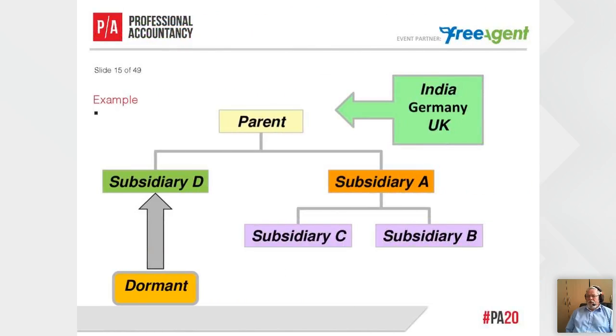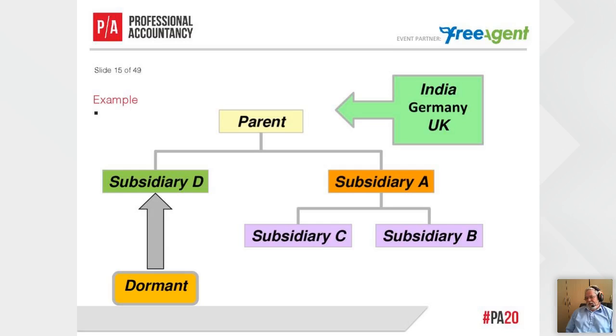Now, in the example that we're looking at here, I've made the assumption that subsidiary D is dormant. So if the parent was in the UK and subsidiary D was using the exemption, then there's absolutely no problem in making our way forward.